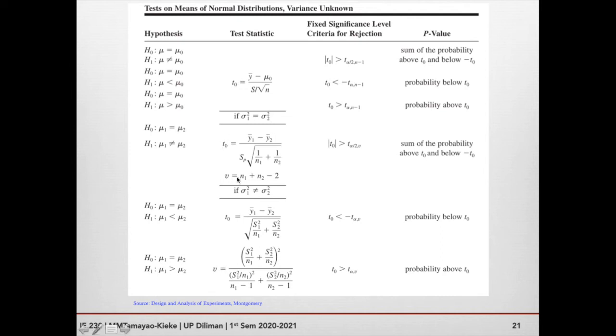Take note that you have your degrees of freedom. You have to know your degrees of freedom. And of course, in the third column you have your critical region, and then you have the computation of your p-value in the last column.